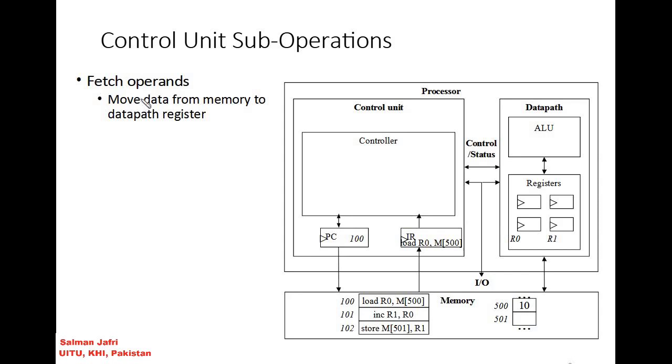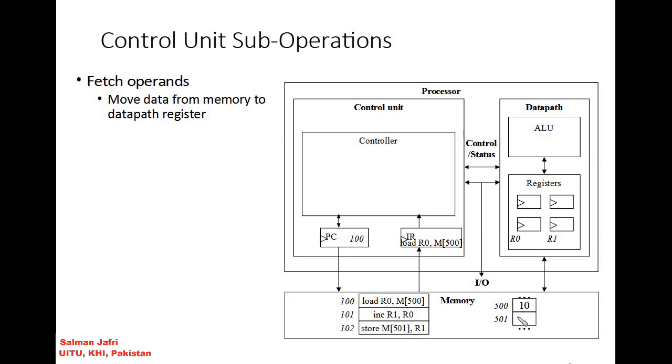Then we have the fetch operands. So after decoding the instruction, we know what the instruction is and we know whether the operands are required or not. If the operands are required, we move data from memory to the data path register. Now what the instruction does, it moves the contents of memory location 500 into the register R0, or loads the contents of memory location 500 into R0.